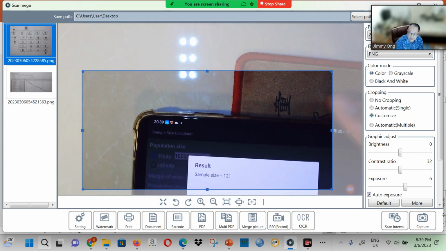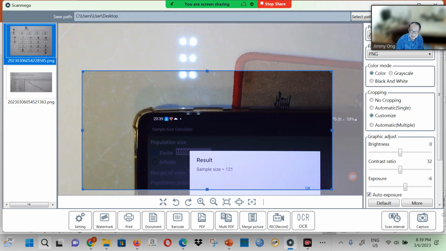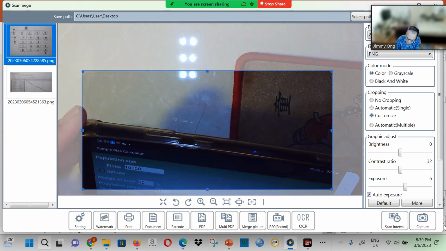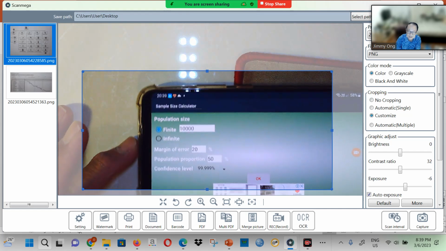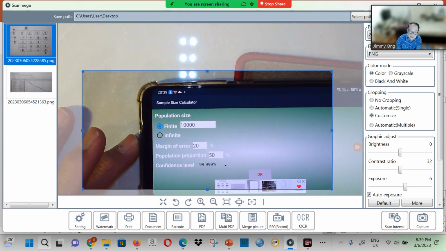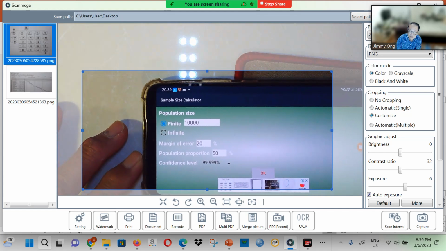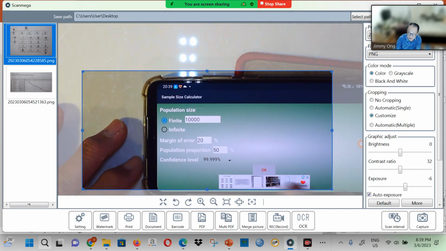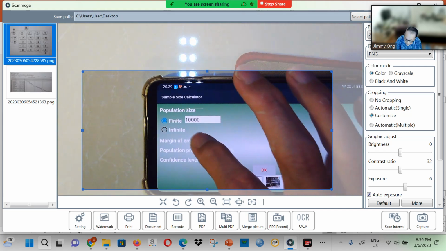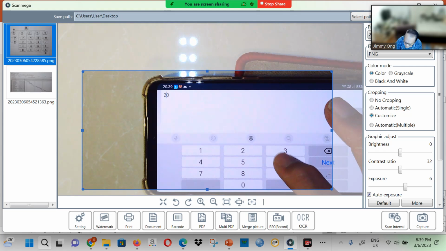There. Sorry, I take it out because I cannot see. The sample size it calculates for you. Let me, yeah, see? Just now the one was PowerPoint, but this is real life. Okay, if you think that you want to change, it's okay, you can change. Then you can see the difference.